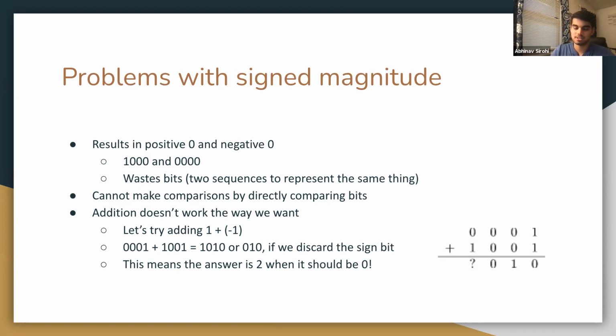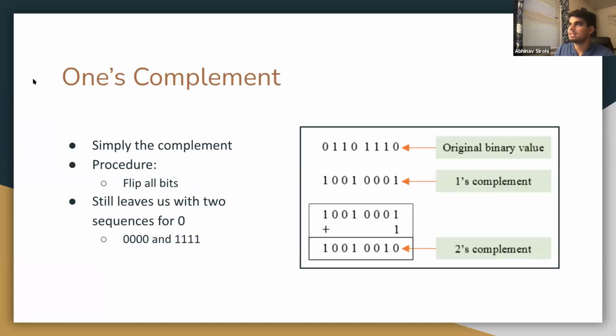But the answer should be 0. So now we won't be able to add the way that normal addition works, and we'll have to create a new way to add just for sign magnitude, which isn't what we want to do.